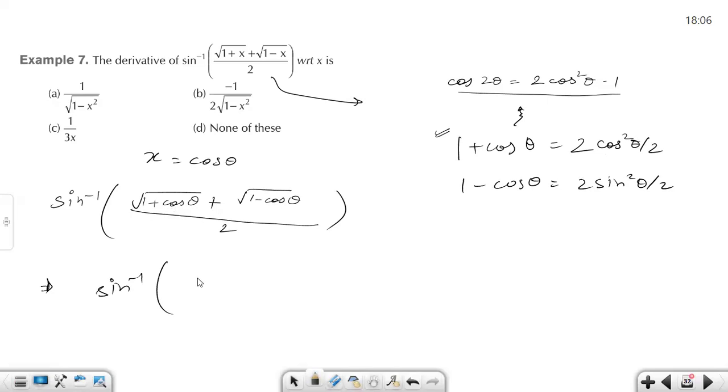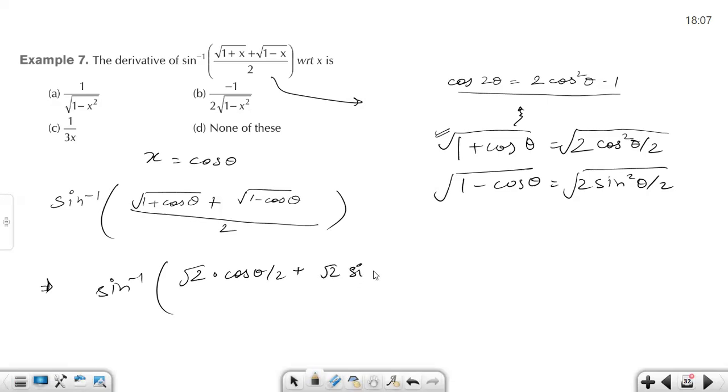Simplifying the function further, if we take the square root, it comes out to be square root of 2 into cos of theta by 2 plus square root of 2 into sine of theta by 2, because the square cancels the effect of the square root, upon 2. We can take root 2 common, inside sine inverse.